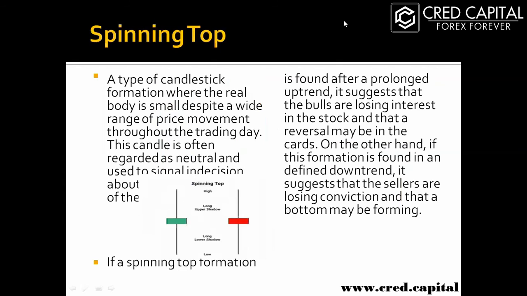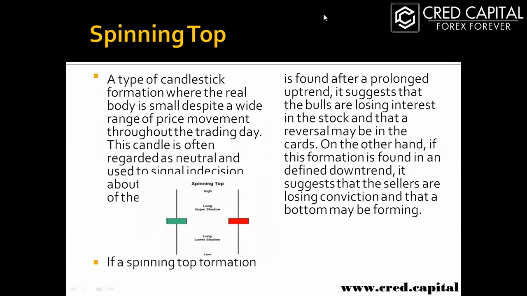Let's see further on. The next candlestick is the spinning top. A spinning top is just like a Rickshaw Man doji. It is a type of candlestick formation where the real body is small despite a wide range of price movement throughout the trading day.